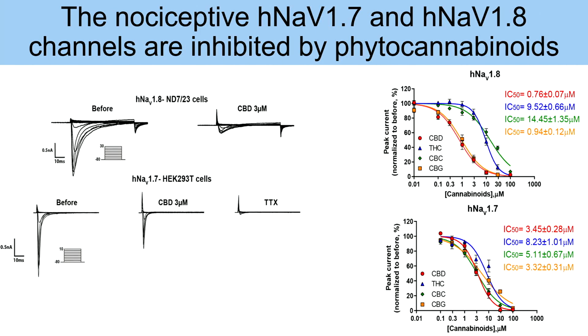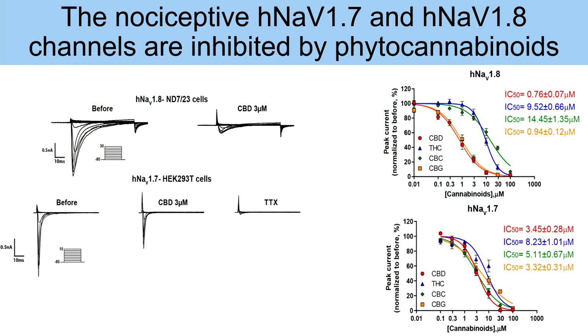And we see that all the different cannabinoids have a very similar dose response, which means that what we think is that NaV1.8, in its binding site, has the ability to differentiate between the different cannabinoids due to their structure. We can talk about it later if you want. While NaV1.7 is much more promiscuous, it can bind all the cannabinoids, however with much less potency or efficacy.